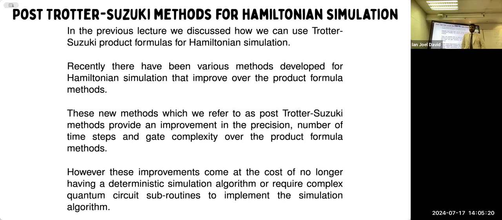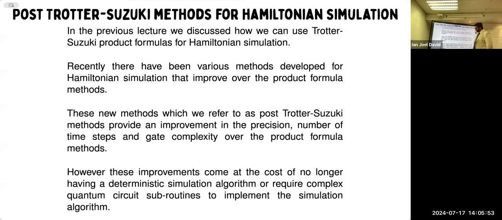The time scaling with respect to order k is t to the power 1 plus 1 over 2k. And this scaling means you'll never achieve a completely linear scaling in time. And of course, to get optimal time complexity scaling, you want a linear scaling with time. So the idea here is that people develop what we call post-Trotter-Suzuki methods in search of, as I said, improving gate complexity and improving the precision with which you can simulate the time evolution of the closed quantum system.